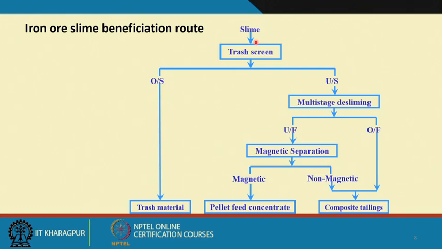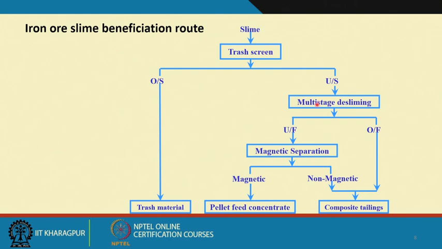Now, for slime beneficiation, a lot of research is being done till today. There is a trash screen, where you remove the unwanted metallic components and the oversized material, which is trash, that means you are throwing it.